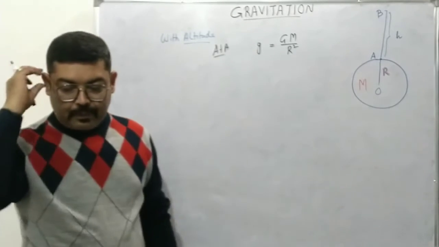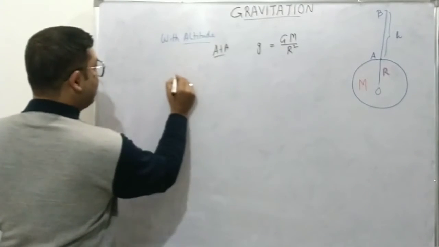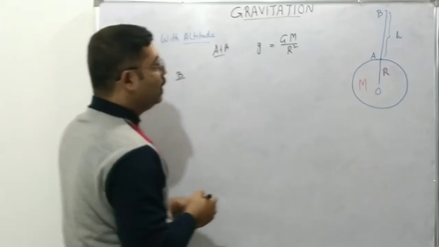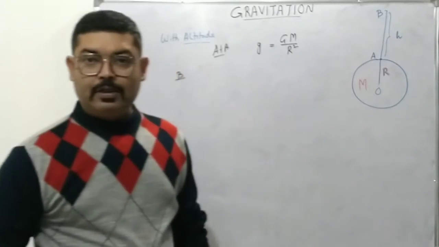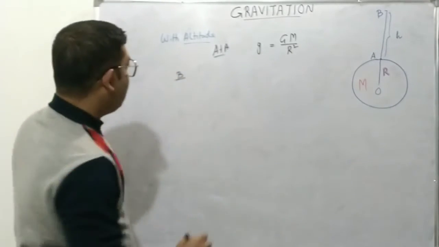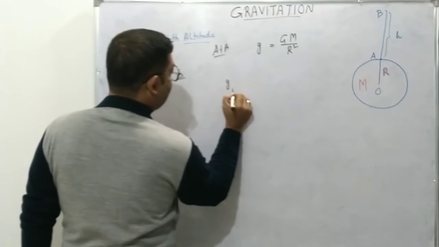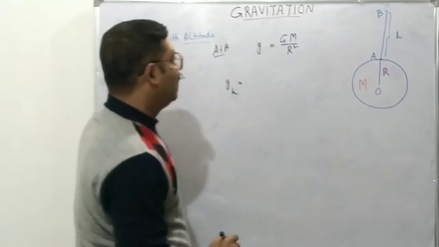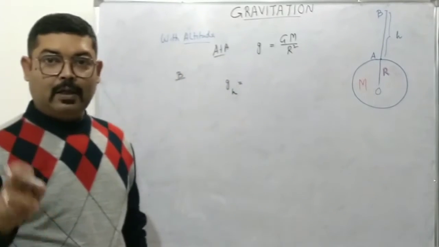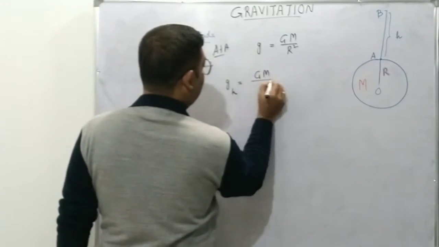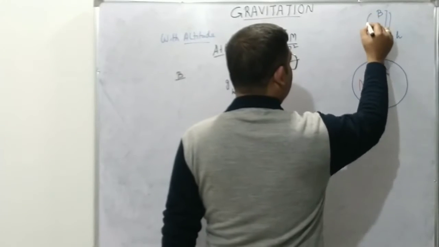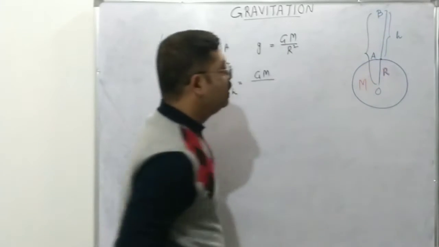Okay, now if I say point B, which is at a height, an altitude of h above the earth's surface, then the acceleration due to gravity at this height, as we have seen in the previous video again, will be given by GM by the entire distance from the center.